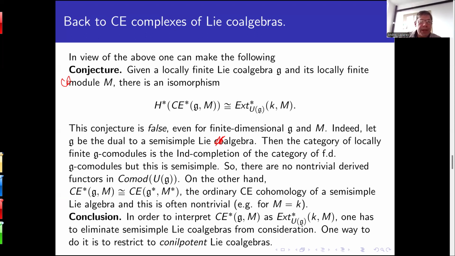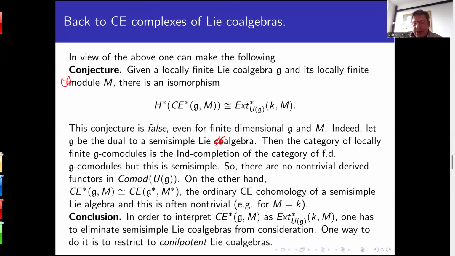We take this simple Lie algebra and its dual as a Lie coalgebra. Then the category of finite dimensional G modules is well known to be semi-simple. That's just saying that every finite dimensional G module is completely reducible.